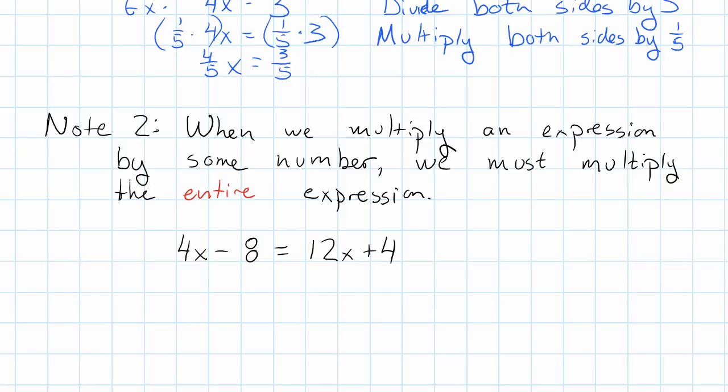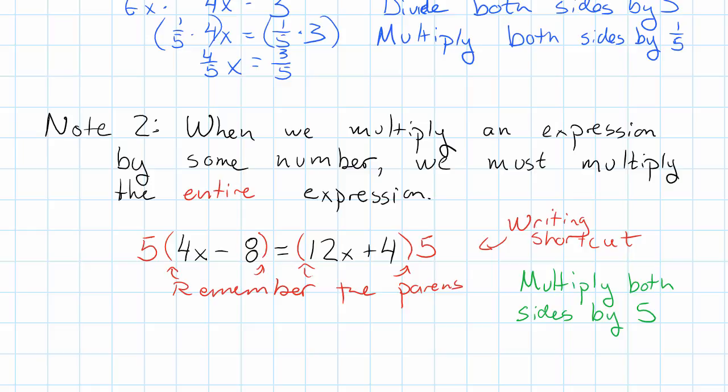We have the equation 4x minus 8 equals 12x plus 4, and we decide to multiply both sides by 5. If we want to write that in quickly without copying the entire row, we can just put the left-hand side in parentheses, with a 5 outside, right-hand side in parentheses with a 5 outside.